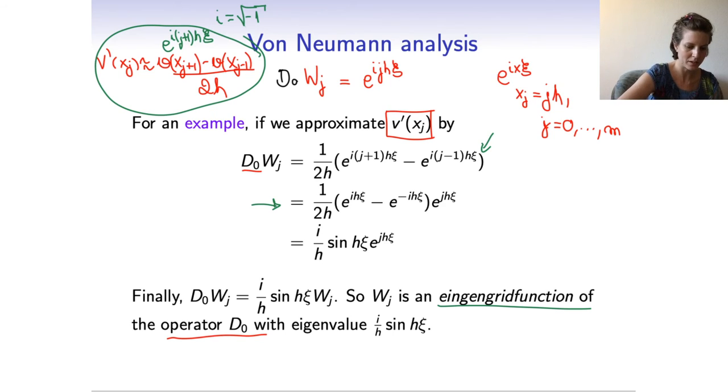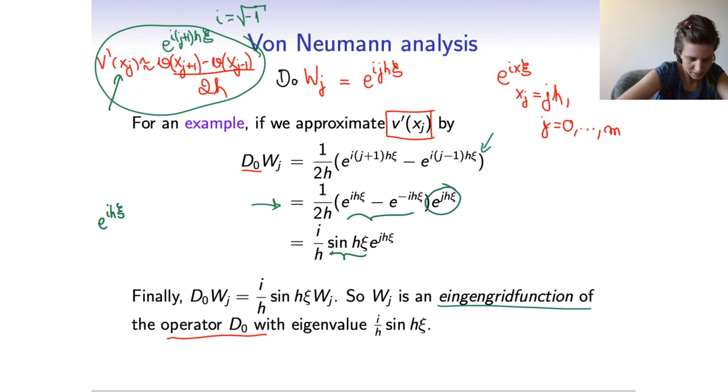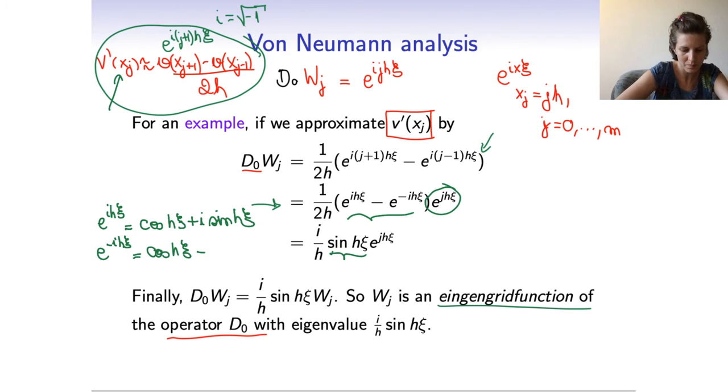Okay, so we are in the discrete grid, and here is the eigen grid function, and this term is equal to this, because remember that e to the i h psi is equal to cosine of h psi plus i sine of h psi, and e to the minus i h psi is equal to cosine of h psi minus i sine of h psi.